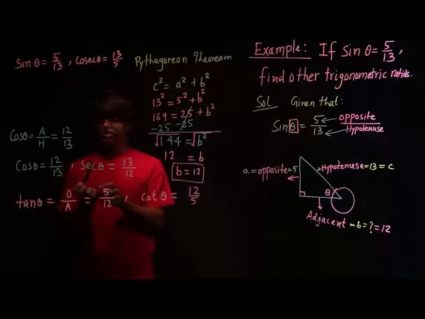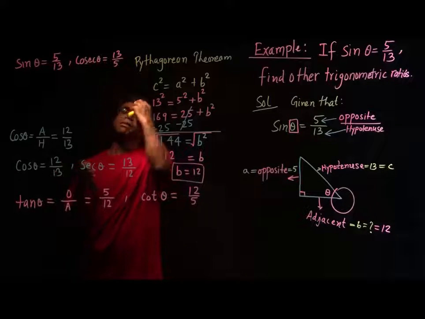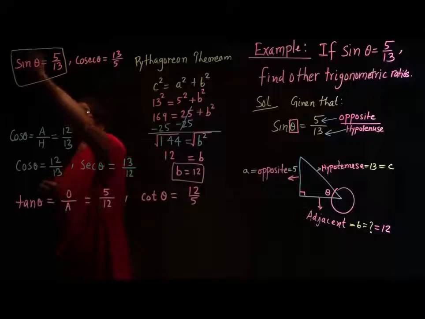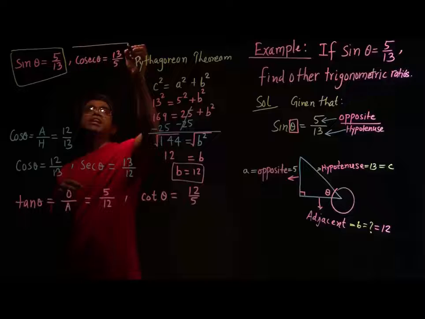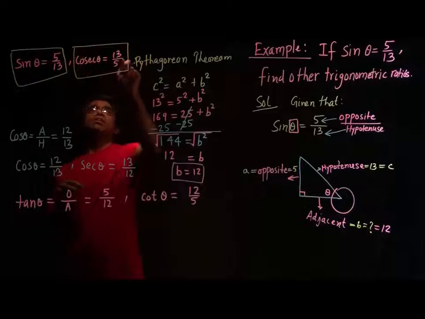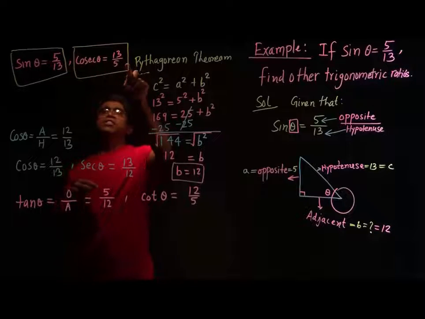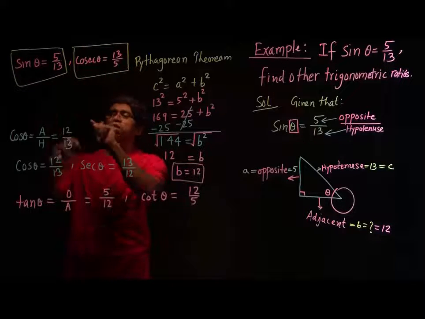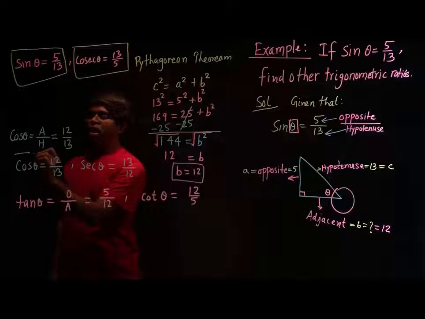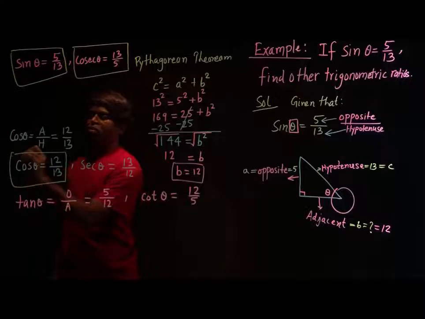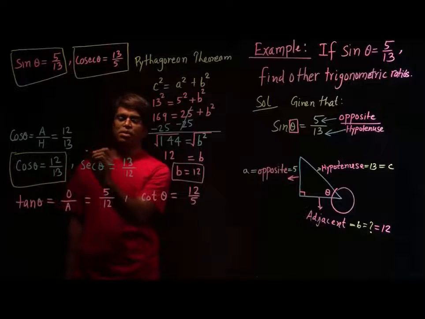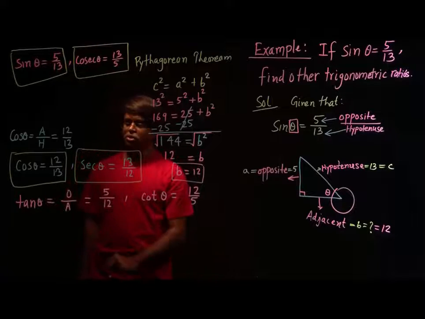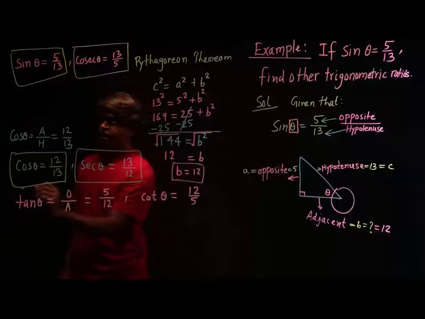So my trigonometric ratio sine is given, which is 5/13, and cosecant is 13/5. It's easy to find the cosecant from sine because they are reciprocals of each other. We got cosine as 12/13, and the reciprocal of cosine is secant, which is 13/12.